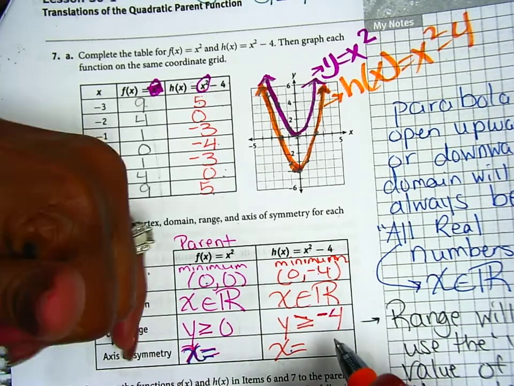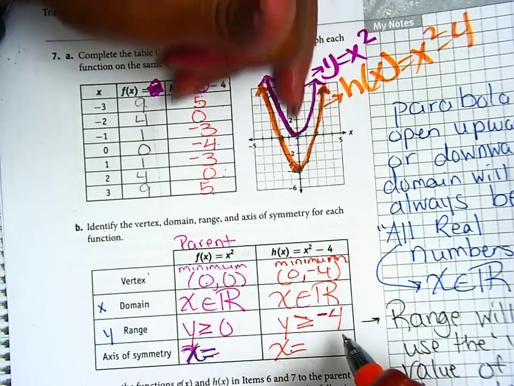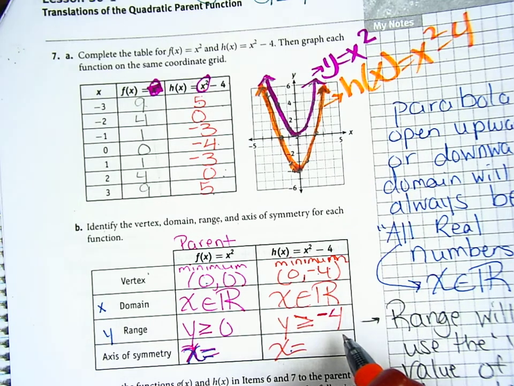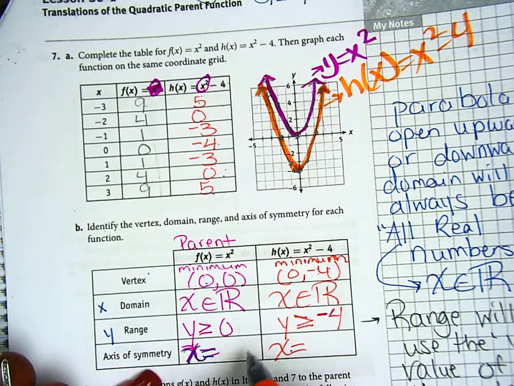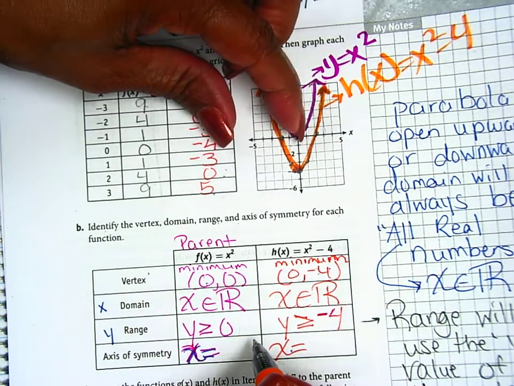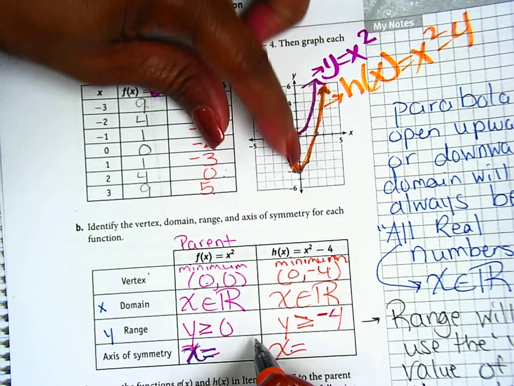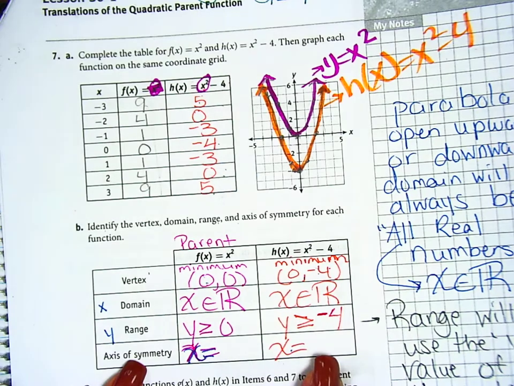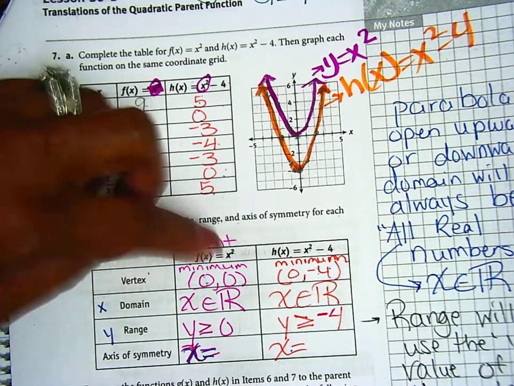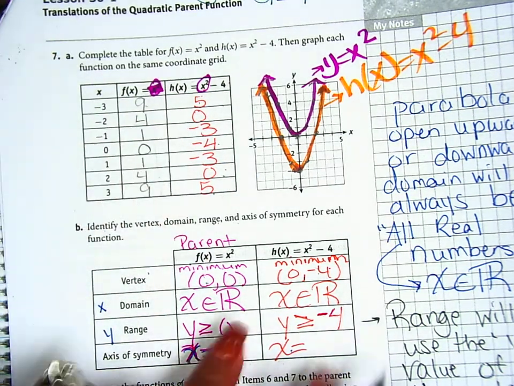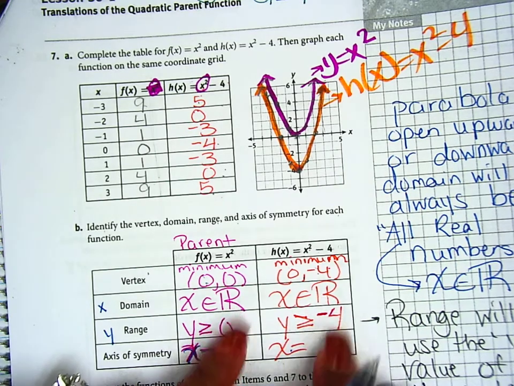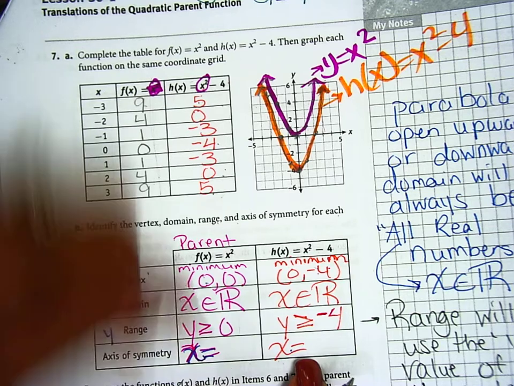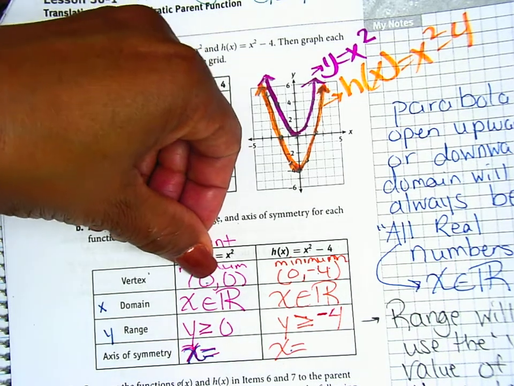Your axis of symmetry is the vertical line that cuts the parabola in half. So that means it goes with the vertex. The x value of the vertex is the axis of symmetry. So if you can find the vertex, you've got your value for the range and your value for the axis of symmetry.